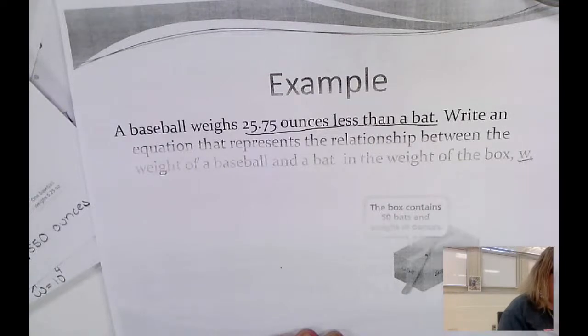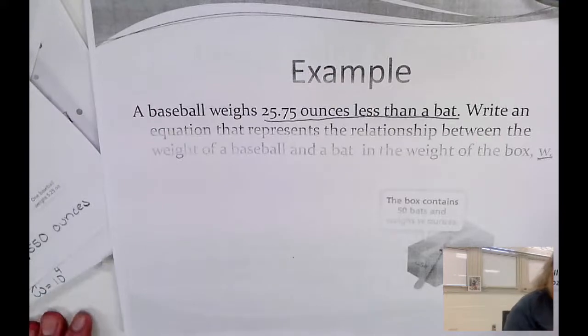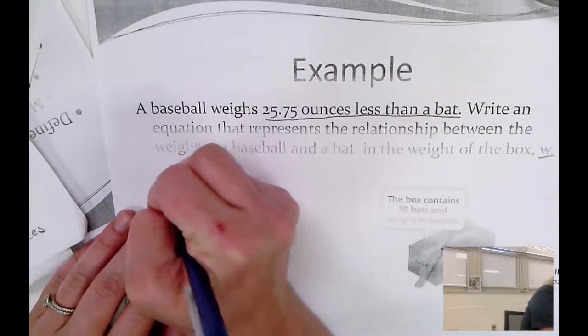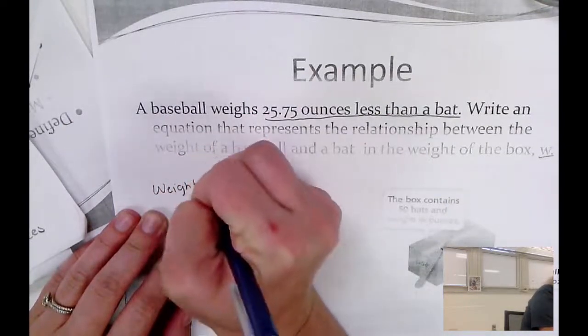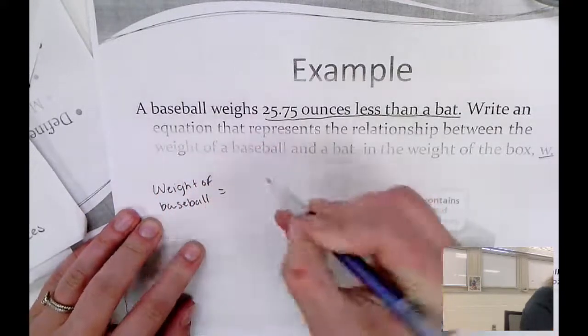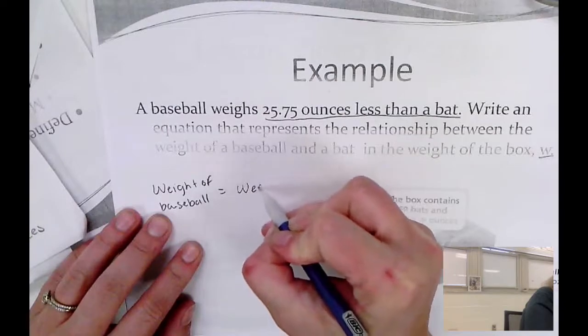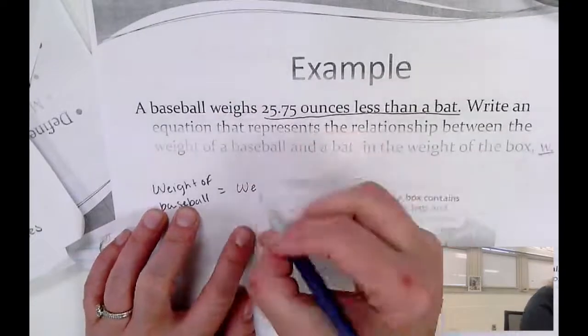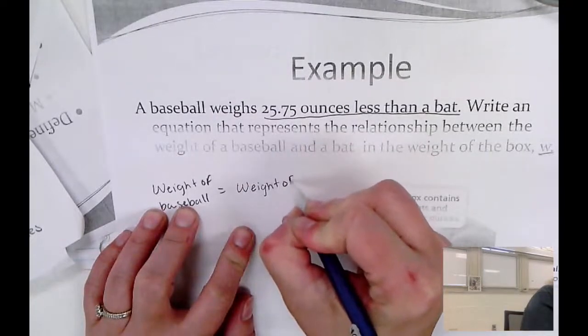All right, so how am I going to figure this out? I know that the weight of our baseball equals the weight of a bat minus our 25.75, because this is less than that.